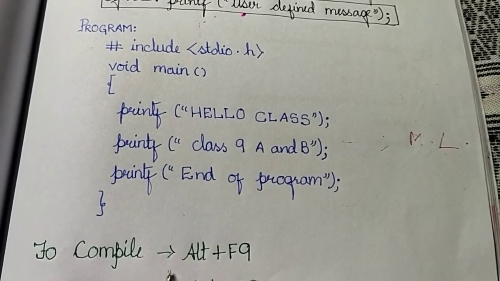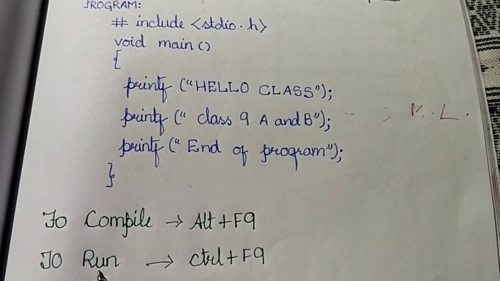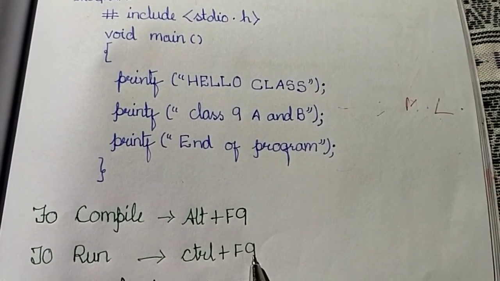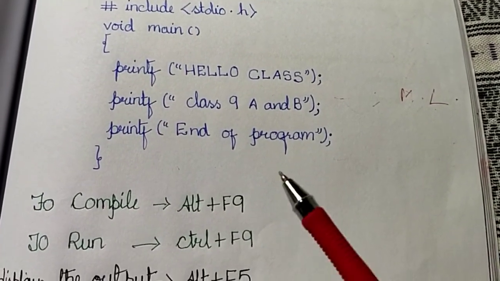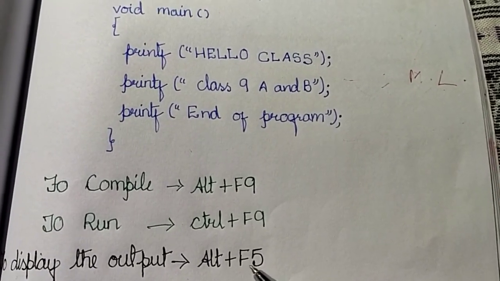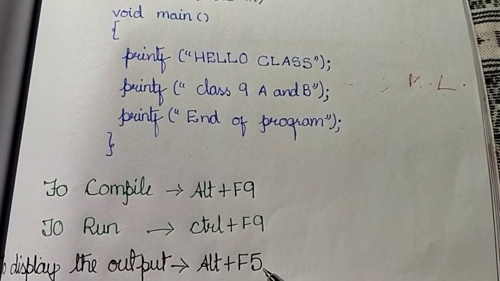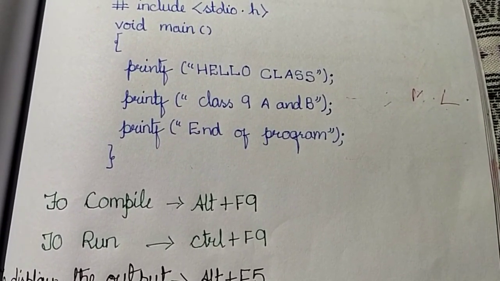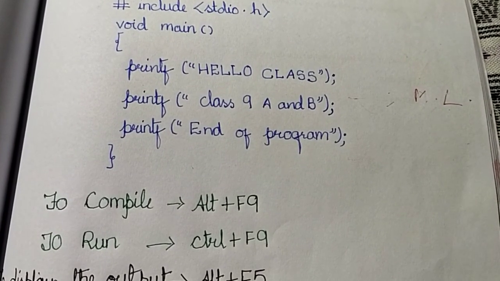Then after compile, we have to run. To run, we press Ctrl plus F9, and to display in the monitor screen, you can press Alt plus F5 from the keyboard. So let me show you how I will do this program in the computer.